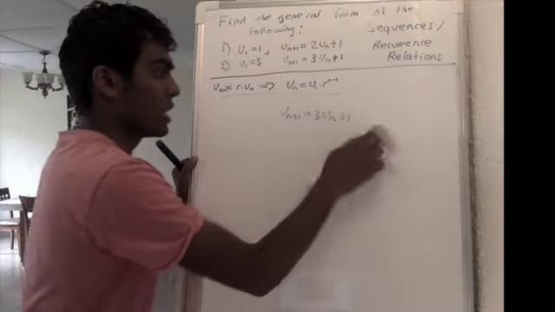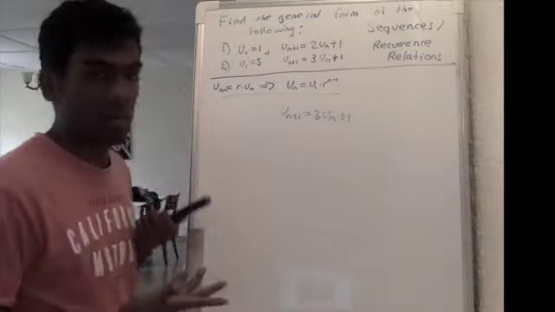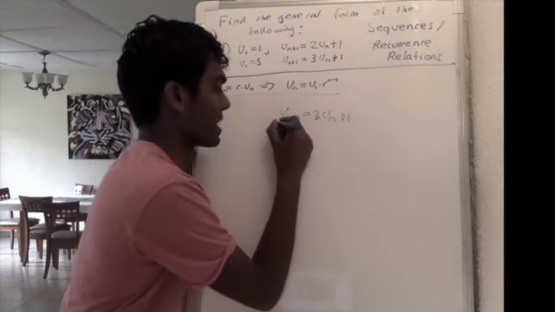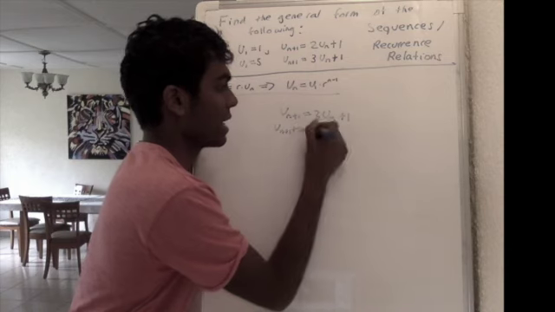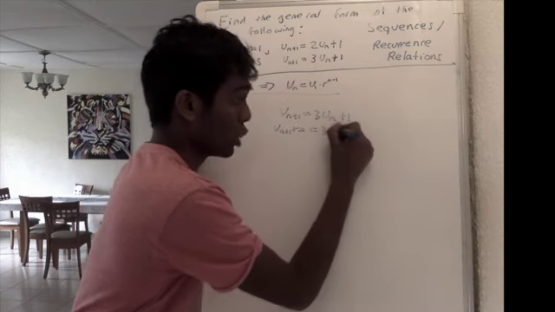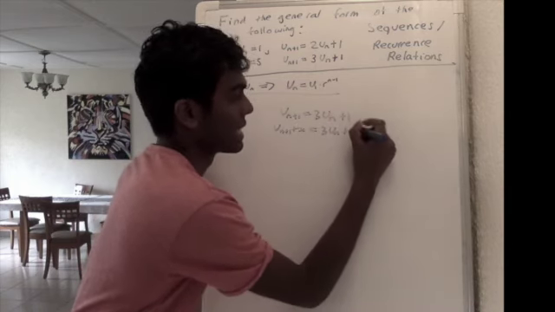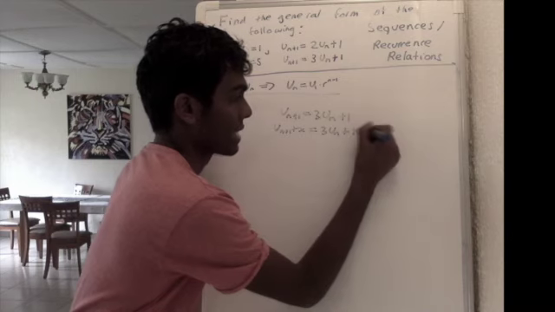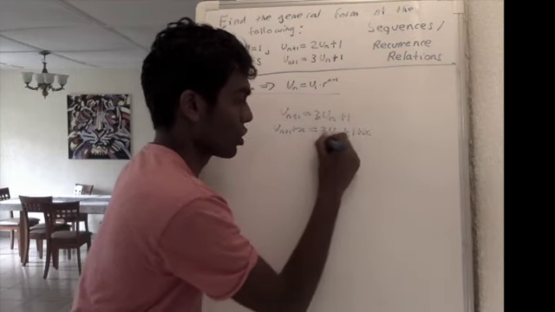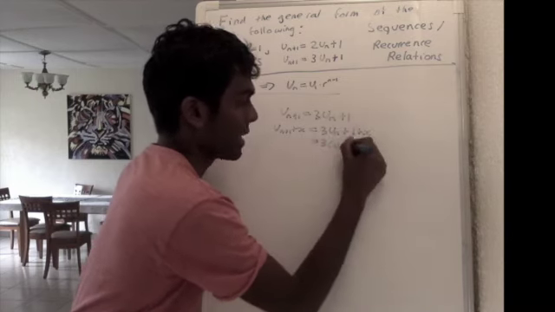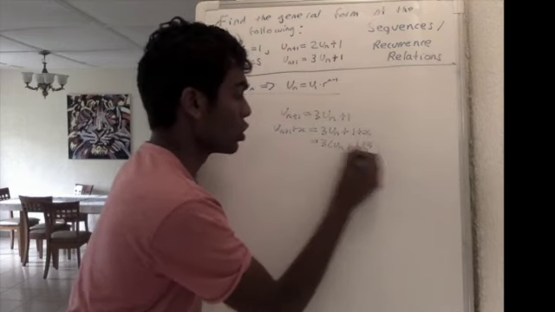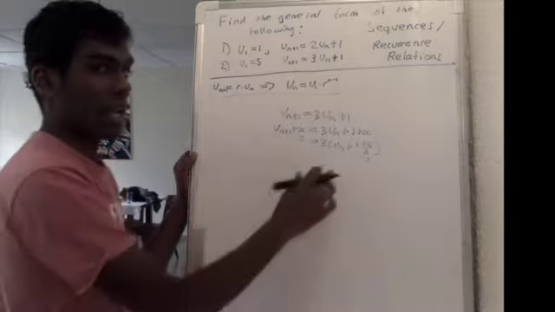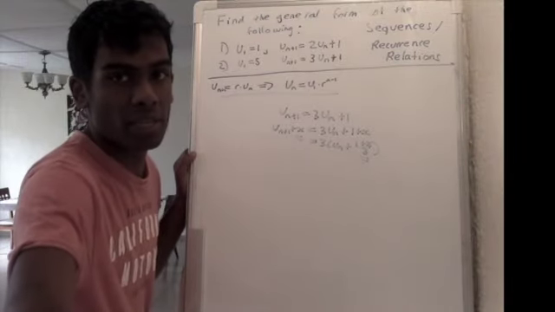So what I'm going to instead try is I'm not going to decide what I'm going to add to both sides. I'm just going to let it be some number x. So u(n+1) + x then equals 3u(n) + 1 + x, which is then just 3(u(n) + (1 + x)/3). Now I want these two values to be the same, so that I can apply the exact same process again.